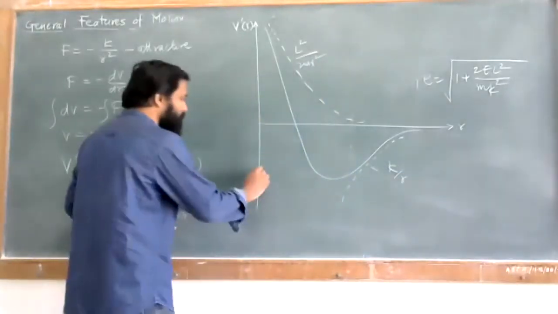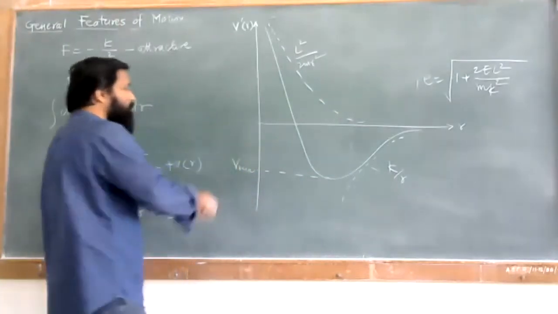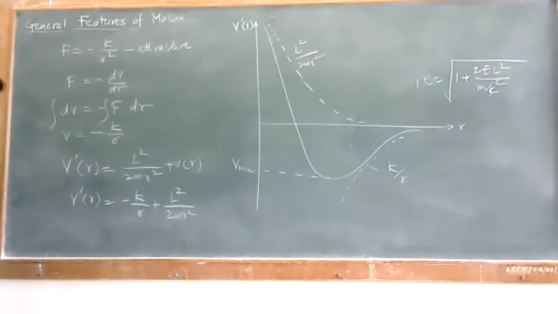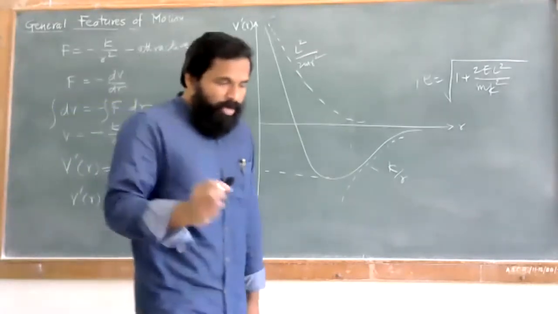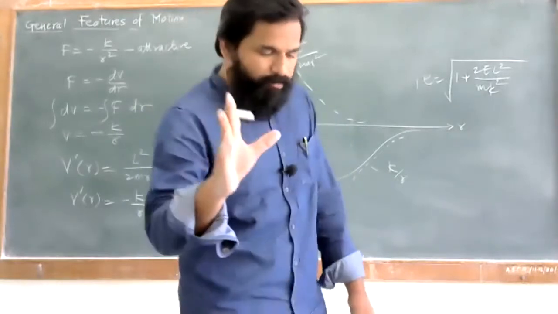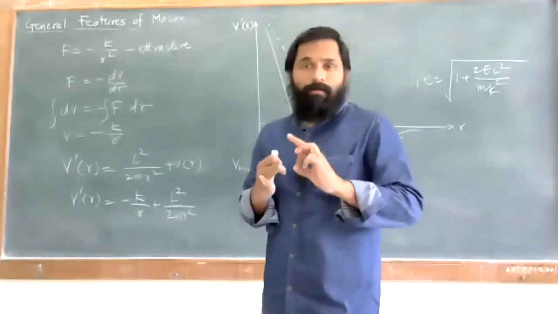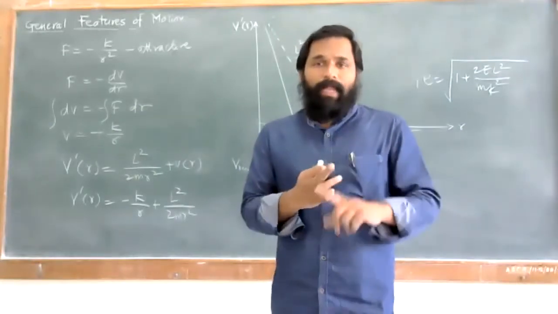So this is the minimum potential energy, that is V dash minimum. Okay, now we'll have to look at this with respect to energies. So we can have 4 conditions. Either we can have a hyperbola, a parabola, an ellipse, or a circle.